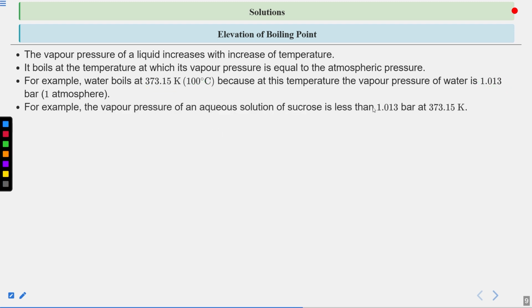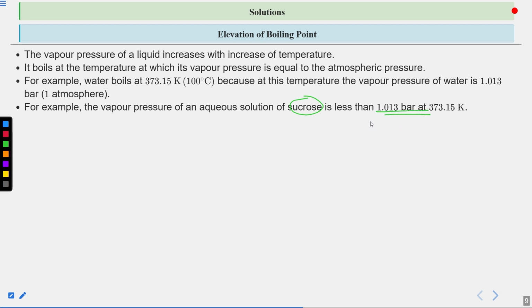Now, suppose we add sucrose to your water, then you will see that your vapor pressure has decreased. The vapor pressure of the aqueous solution of sucrose will decrease because sucrose is non-volatile in nature. So this is your lowering in vapor pressure. As a result of this, you will see that the boiling point has increased.